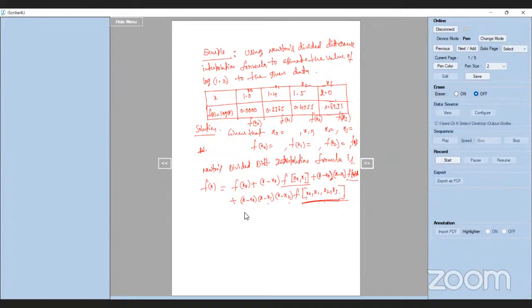Then only from the table can you get these values. Do this problem yourself.